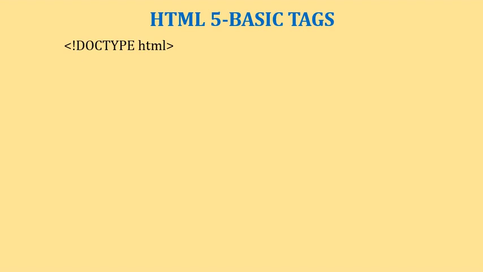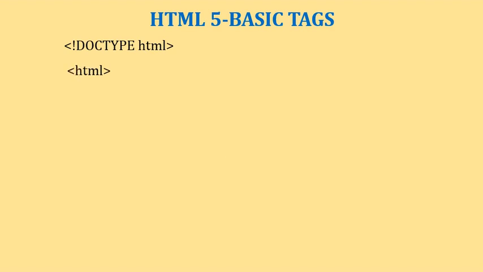The first tag which you type is exclamation doctype HTML. This is not the exact tag. This is technically not a tag, it is just a declaration which will be the first tag in the HTML programming file.